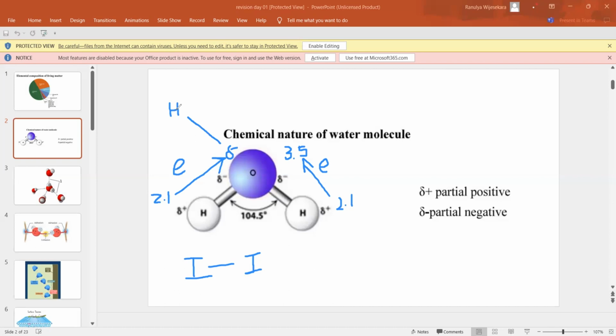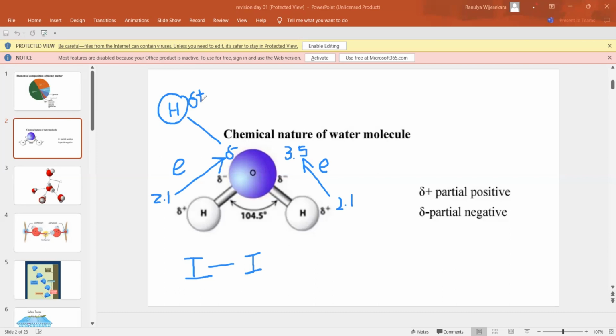Imagine there is a water molecule here and this oxygen is negatively charged. A negative charge is always attracted to a positive charge, and there are plenty around it. So it forms a bond with a hydrogen atom of the adjacent water molecule. That bond is called a hydrogen bond.